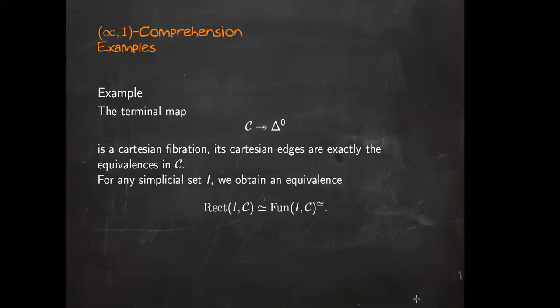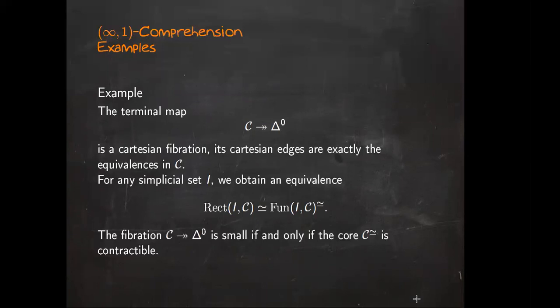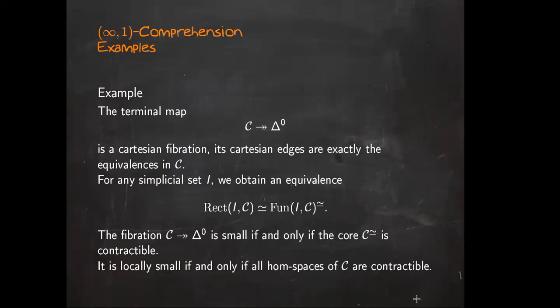Then one can see that the rectangular diagrams of shape I are basically the functors from I to C, where the natural transformations are just equivalences, right? So this is just the core of the functor category. And then one sees that this fibration is small if and only if the core of C is contractible, and it is locally small if all its hom spaces are contractible.